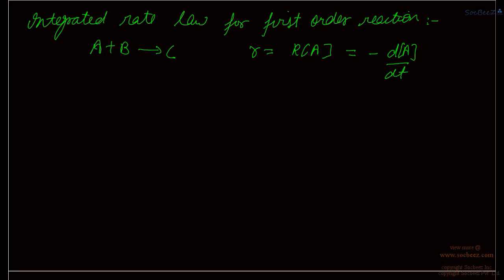If we simplify this further, we get K into dt equals minus dA upon A.